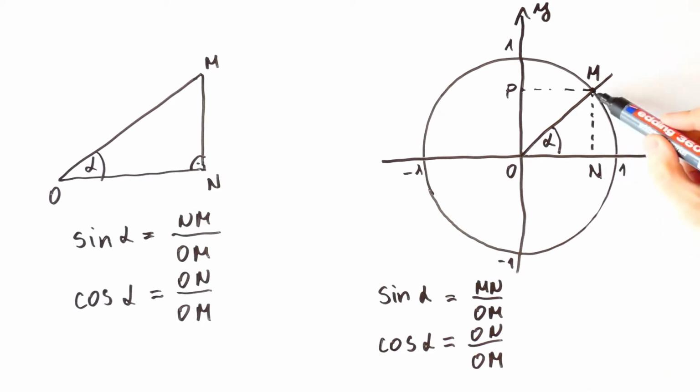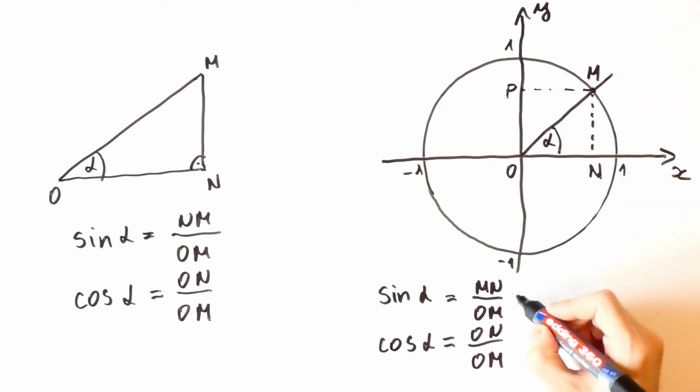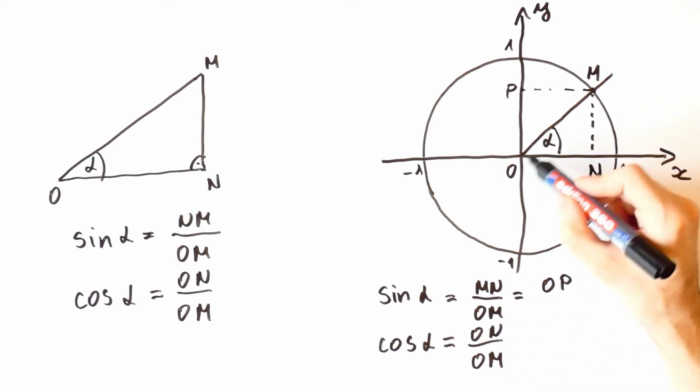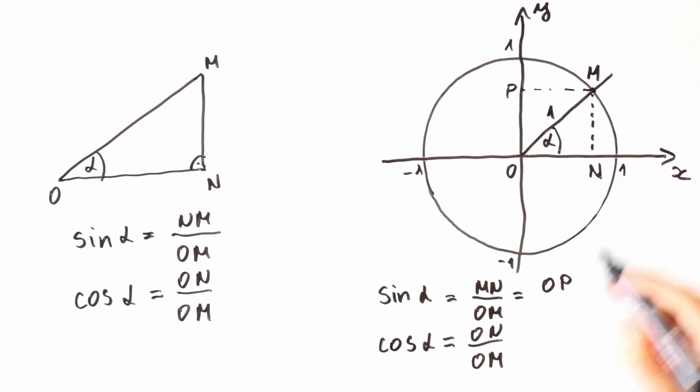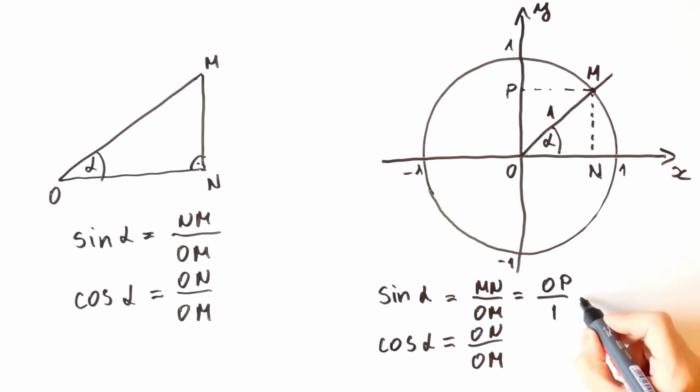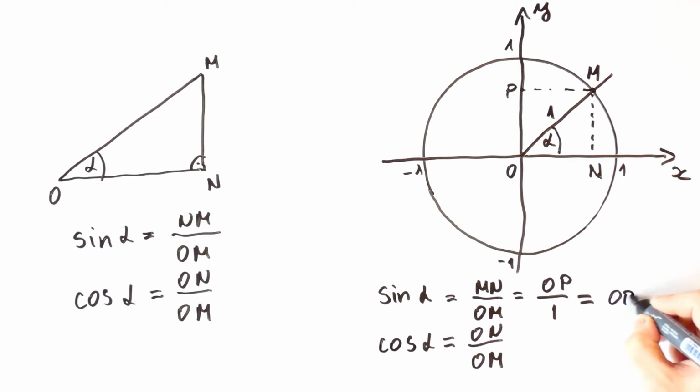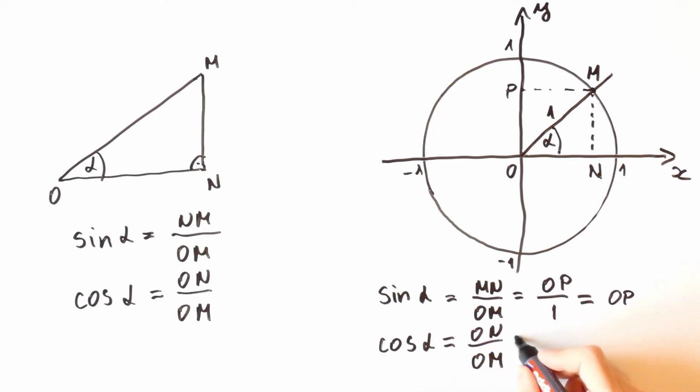But NM is equal to OP, and OM is equal to 1. So the sine of alpha is equal to OP. And similarly, the cosine of alpha is equal to ON over 1, which is equal to ON.